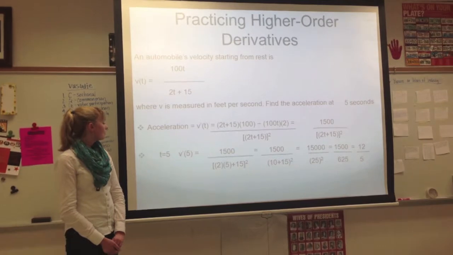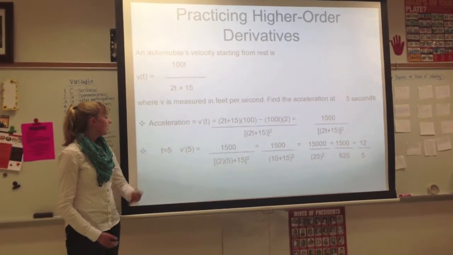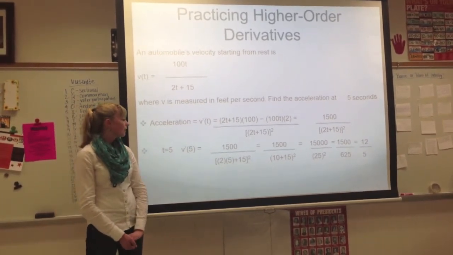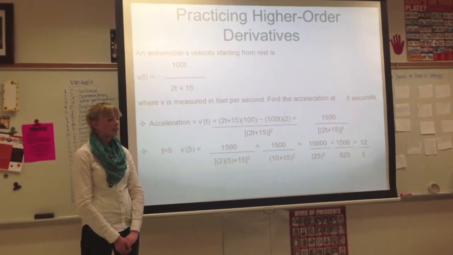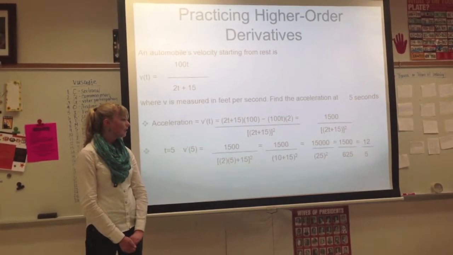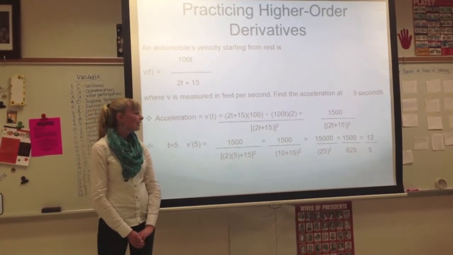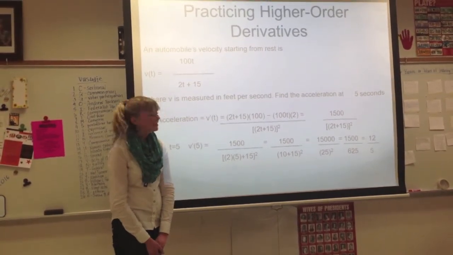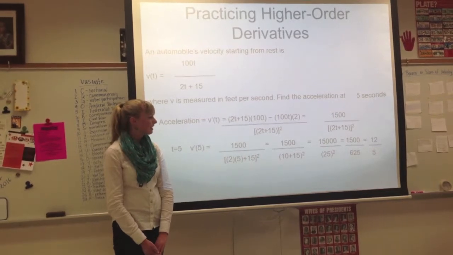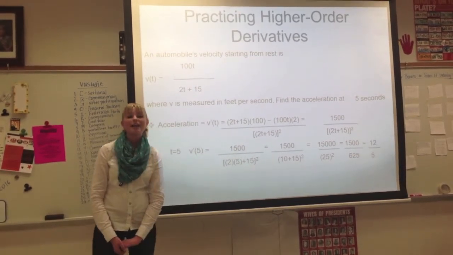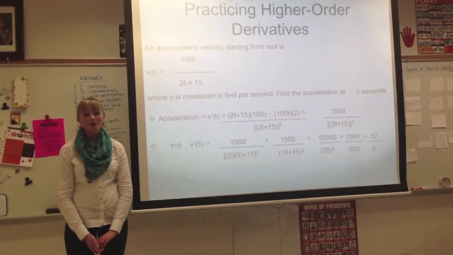And then all you have to do is substitute in your time, and you'll get 1500 over 2 times 5 plus 15 squared equals 1500 over 10 plus 15 squared equals 1500 over 25 squared equals 1500 over 625, and then you have to simplify that down to 12 over 5. And that is how you use higher order derivatives.